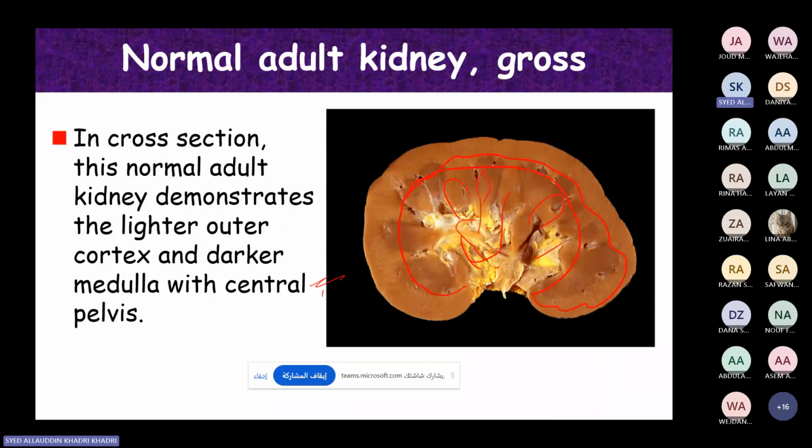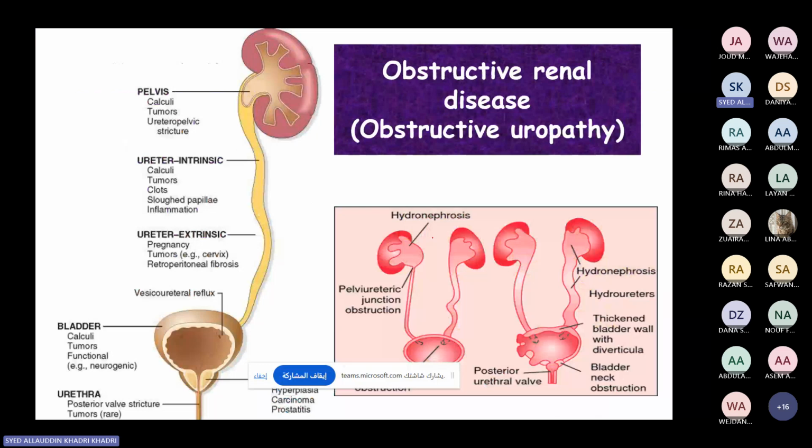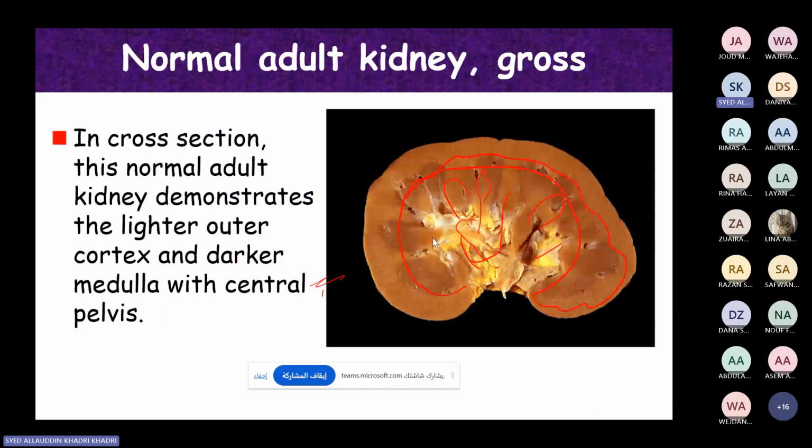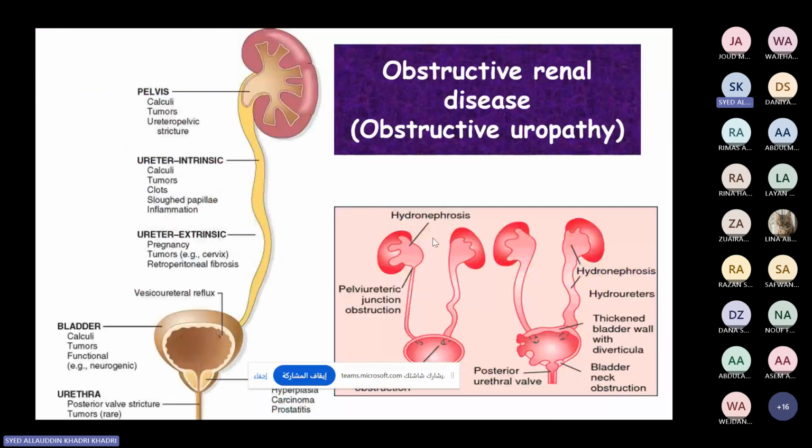What I'm focusing on here is obstructive renal disease, obstructive uropathy. You can see how obstructive uropathy arises in the form of calculi, tumors and ureteropelvic stricture, which you added when we were discussing the trigger case analysis.